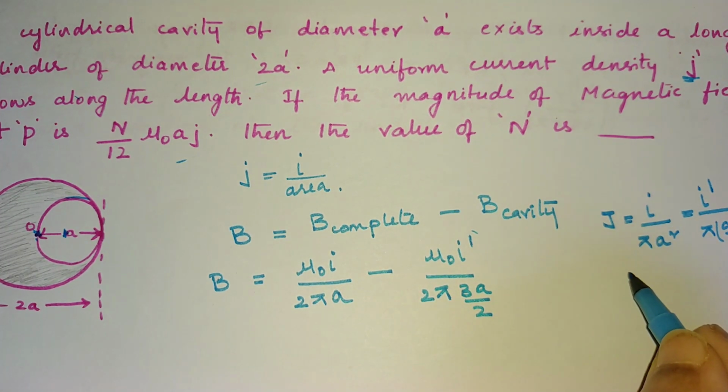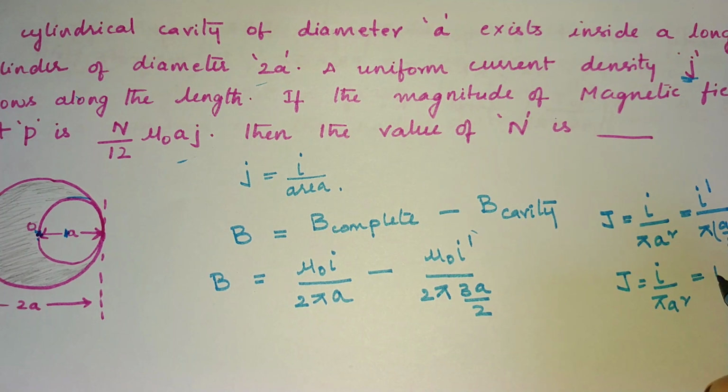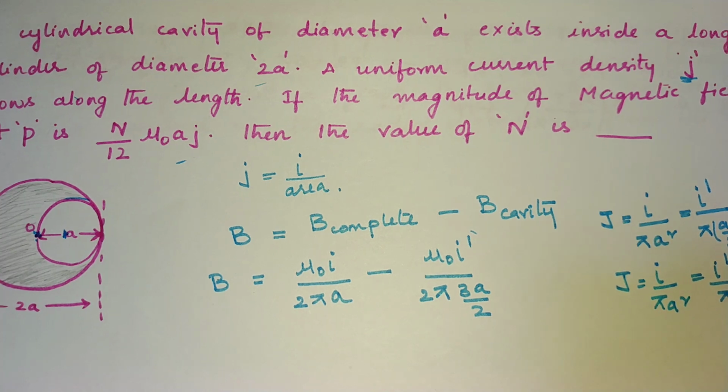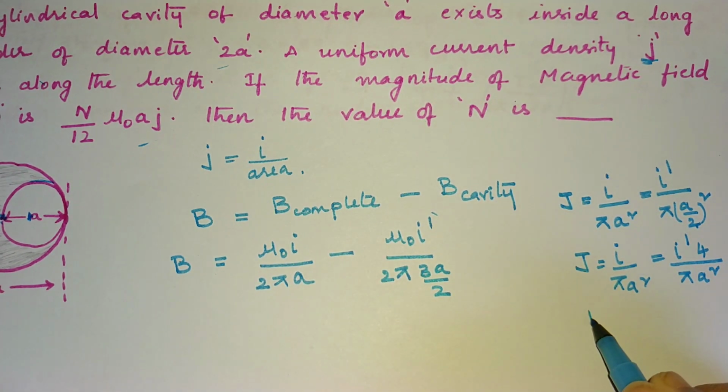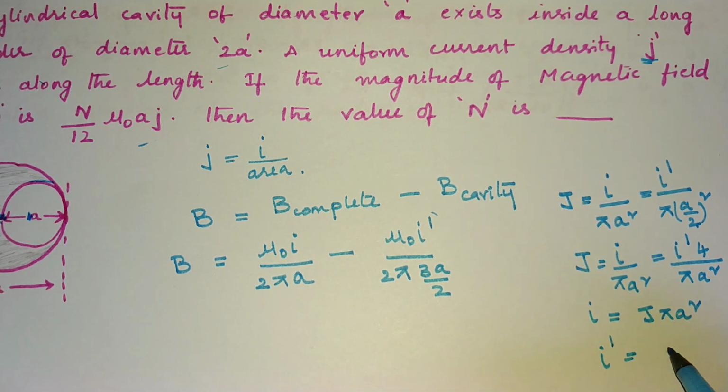From this we can write J equal to I by pi A square, which is also equal to I dash by, if this 4 goes to the numerator, 4 into pi A square. This implies current I is equal to J pi A square, and I dash is equal to J pi A square divided by 4.